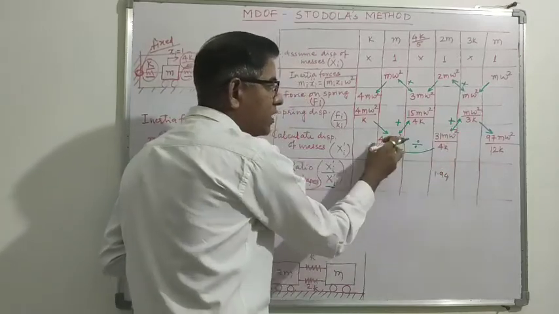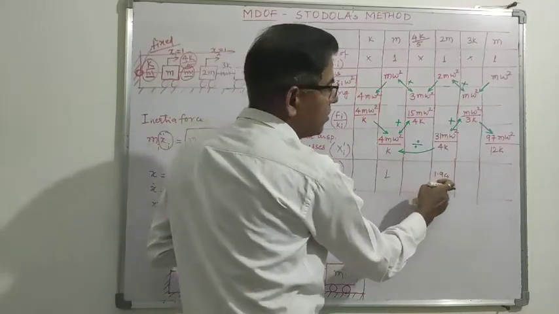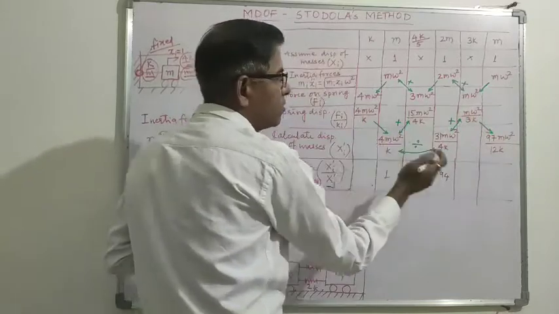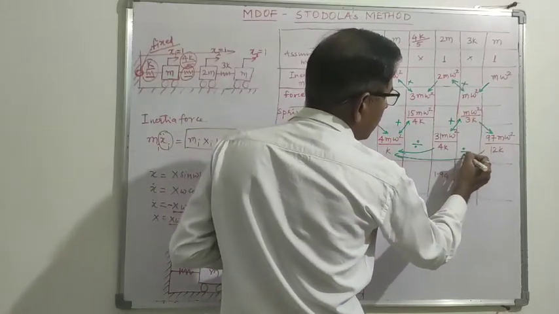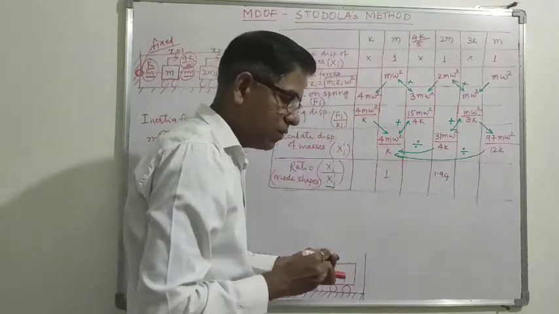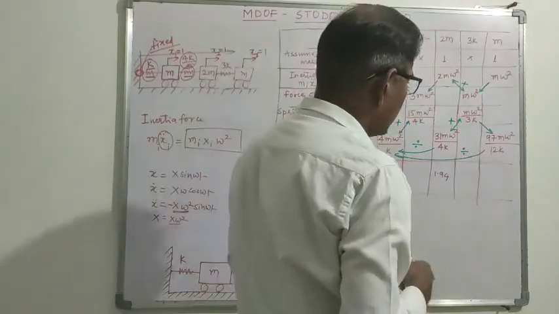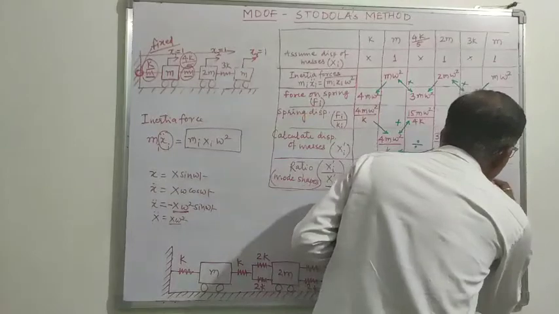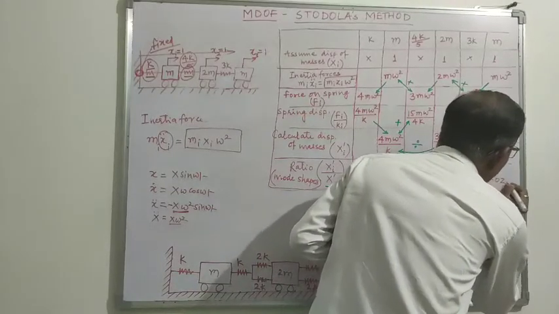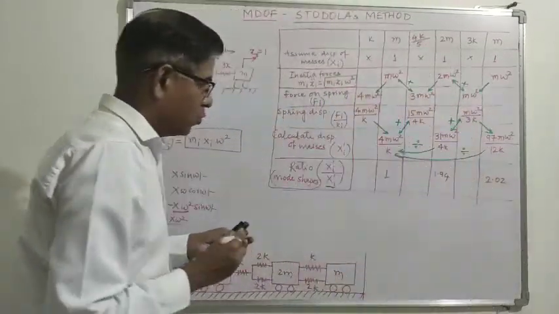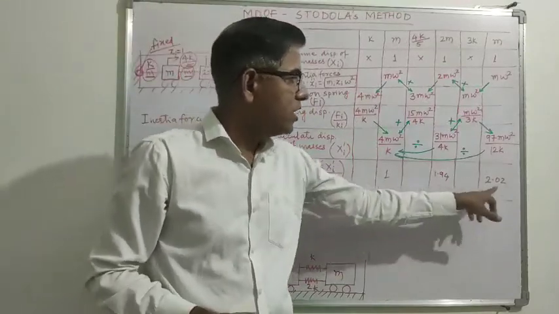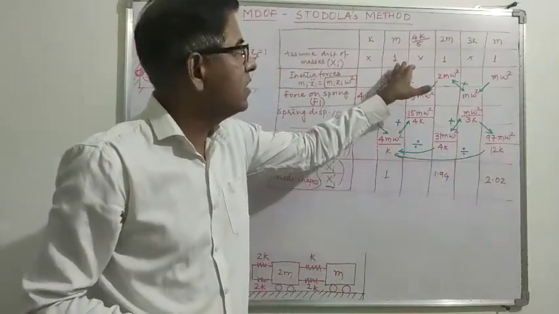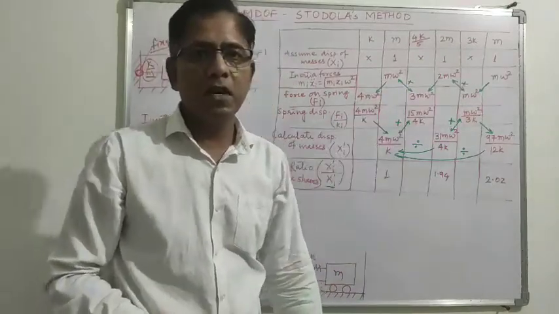This value divided by this value will give the second displacement, and this value divided by this value will give the third value, and that is equal to 2.02. So these are the calculated displacements against the displacement that we have assumed.